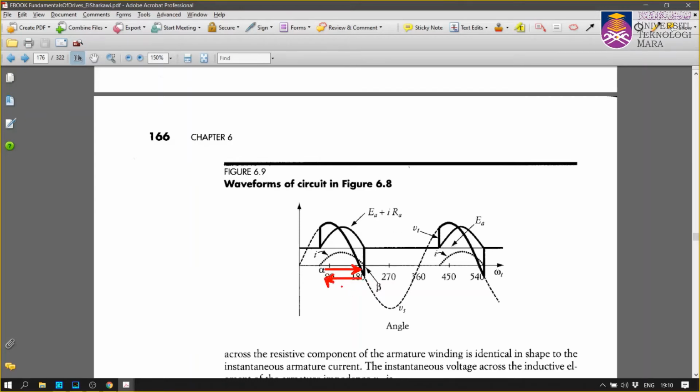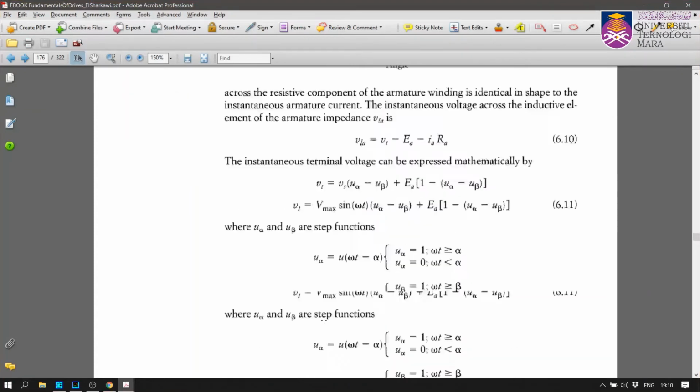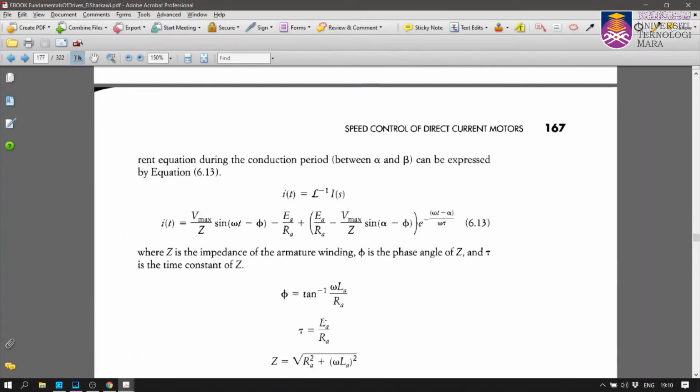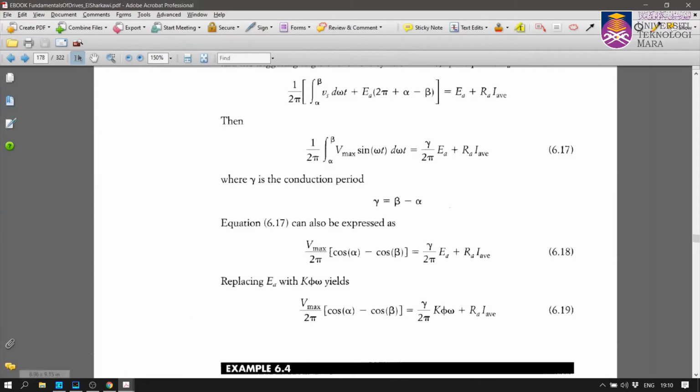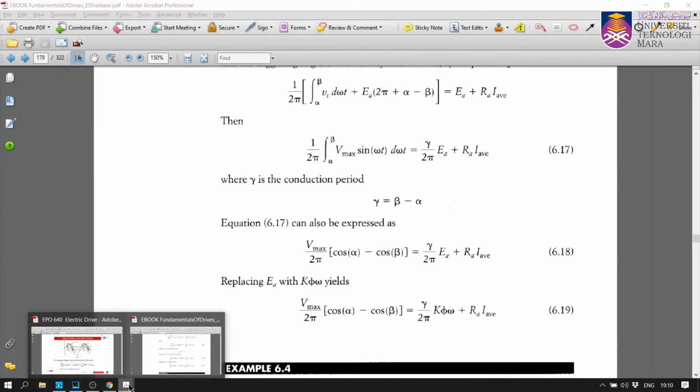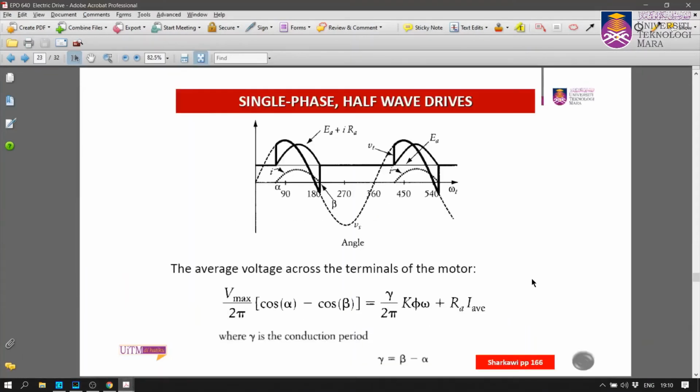So this is your gamma. What is the angle there? Beta minus alpha. Then gamma. Okay, so that will be your equation. Okay, so we will look into the equation, some example on that, inshallah.